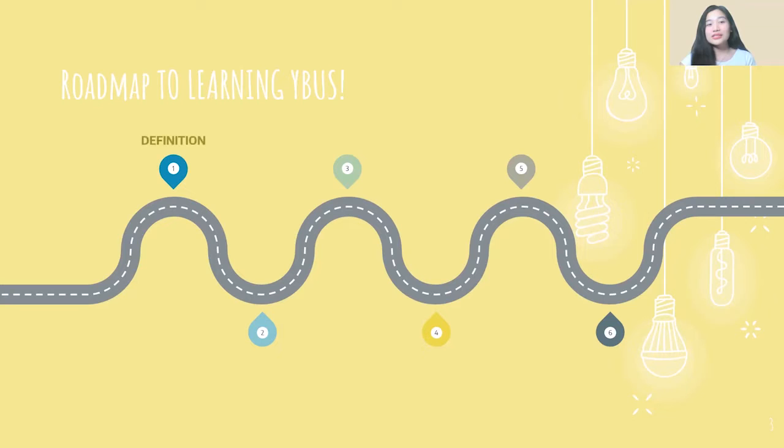Starting off with the definition, of course, we couldn't know where we are headed if we don't know the definition of the Ybus itself, and the advantages: why anyone invented the Ybus, what its benefits are, its application, and of course the construction and elements.